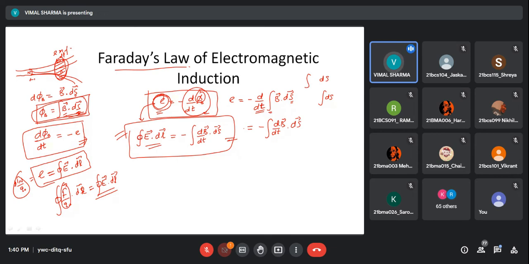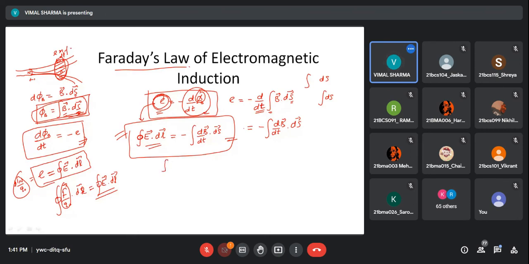Now, whenever we see a closed line integral or closed surface integral, we can convert that integral using either the Gauss divergence theorem or Stokes theorem, whichever is applicable. Here we have the closed line integral of electric field E, so I can use Stokes theorem, because it relates the closed line integral of a vector to the surface integral of the curl of that vector.